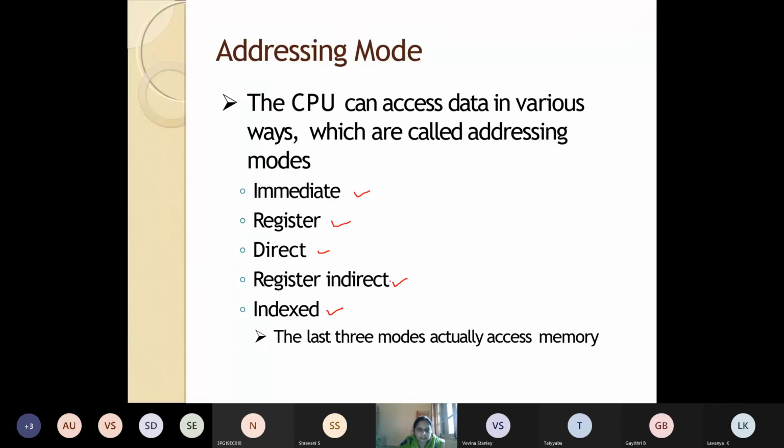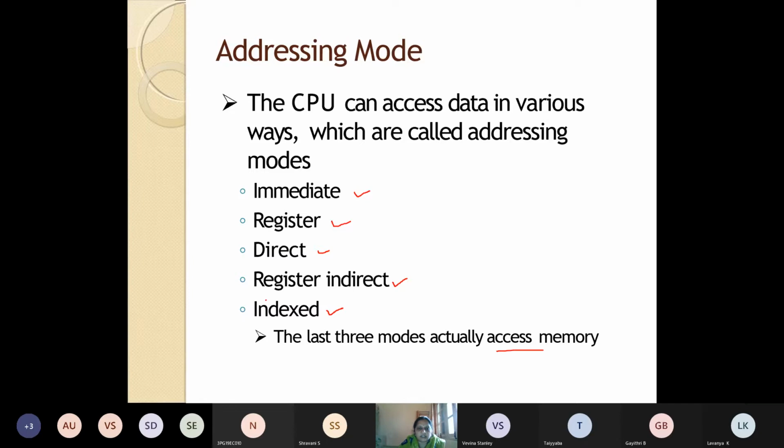The different ways of accessing the data in the instructions are what we call addressing modes. The last three modes, direct mode, register indirect mode, and indexed addressing mode, access the memory.